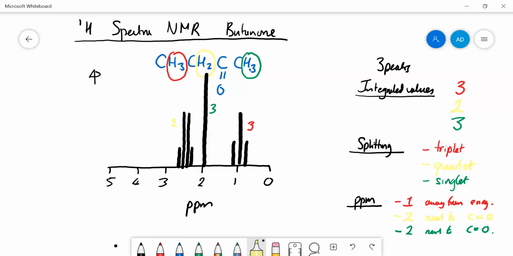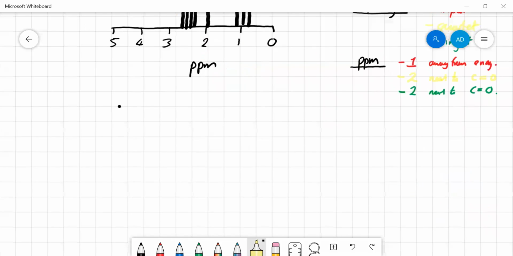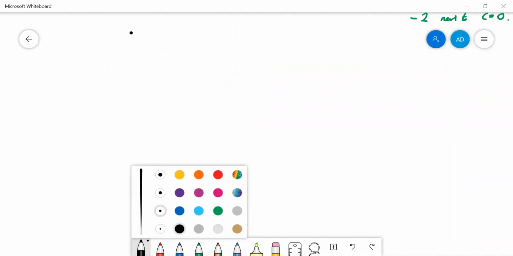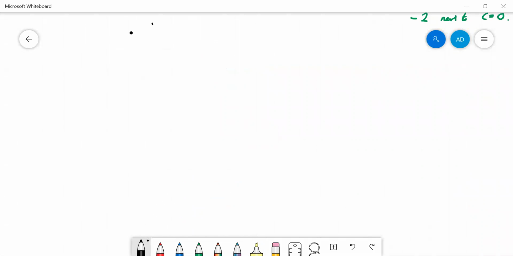Before we finish, let's have a look at what the 1H spectrum for pentan-3-one would look like. So let's do that. Pentan-3-one.